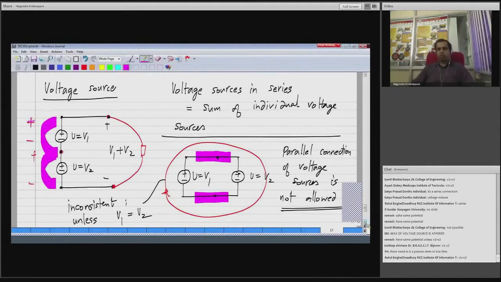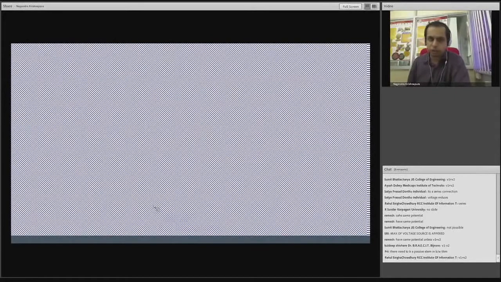Now, first of all, there are many ways to resolve this. Whatever you get in practice will not be an ideal voltage source. It will not be able to hold a voltage of V1 regardless of what current is drawn from it. So if you connect two batteries of unequal voltages in parallel, there will be some current flowing which will change the voltages of each battery.